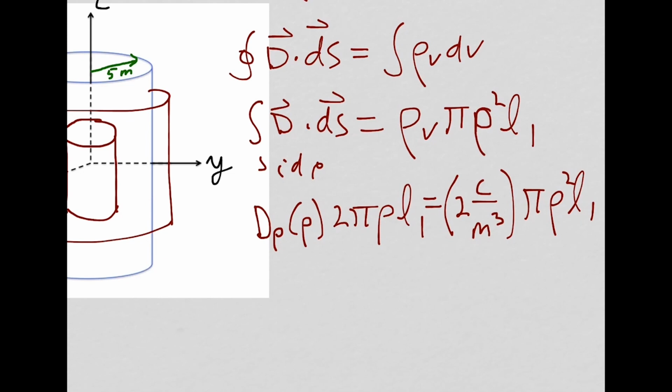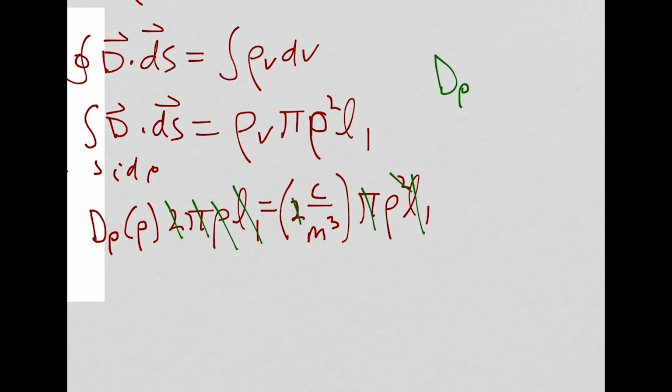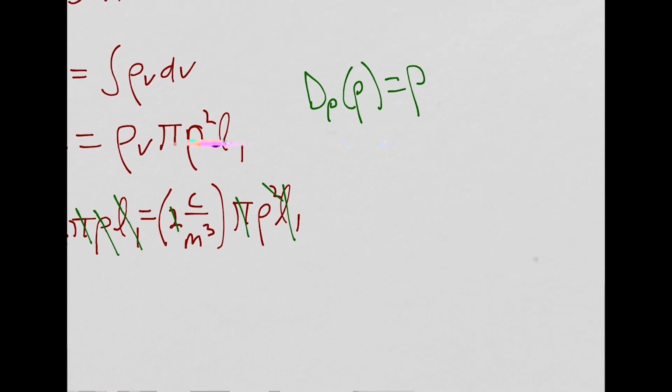So we can divide through by 2 pi L sub 1 and a rho. So we're left with D sub rho is equal to rho for rho less than 5 meters.